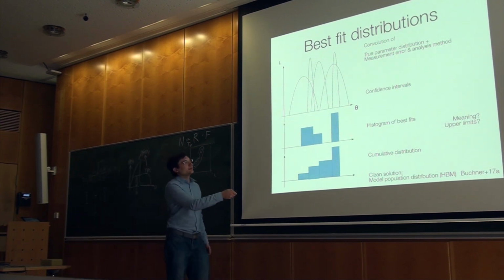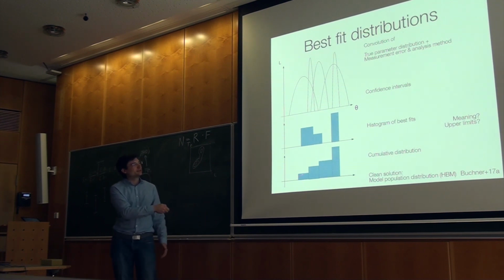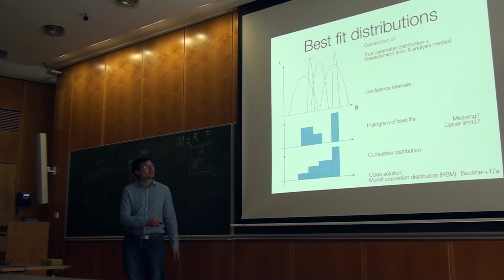So this histogram of best fits is kind of an amalgamation of analysis procedure and distribution out there in the universe. A little bit better is if you make cumulative distributions, but it still has the same broadening of your analysis distribution. And so what's the meaning of these distributions of best fits?